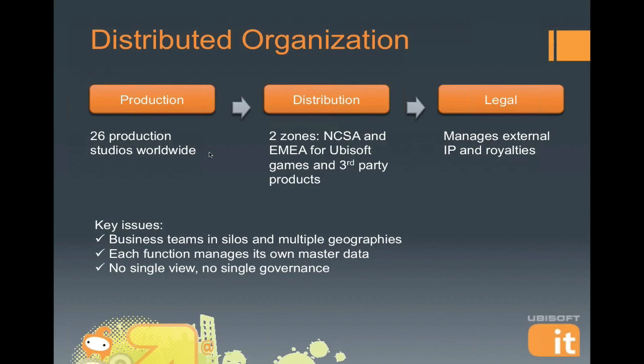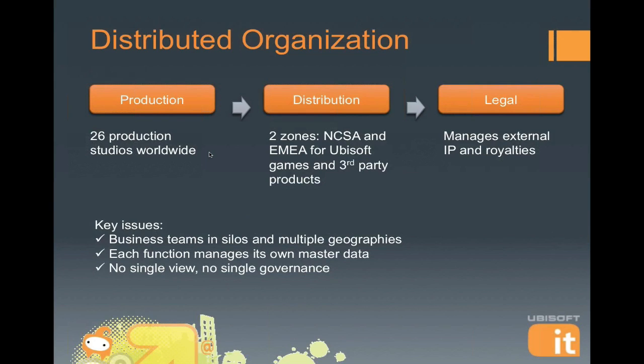We're essentially production, distribution, and legal is the third part, and you'll understand later why that's important in this organization. But as I mentioned, we have 26 production studios worldwide.